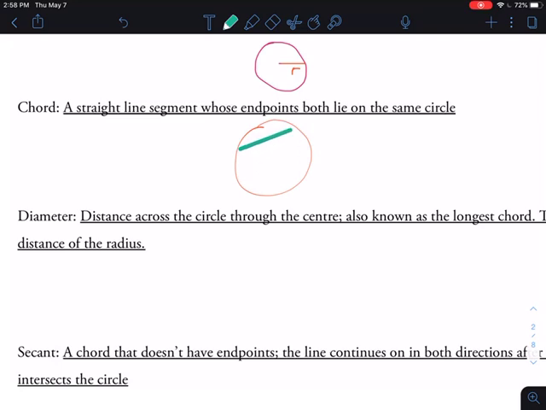Okay, so there we go, that's a better straight line. You can see how that little line that I just drew is hitting both ends of the circle. I know it's not exact with this stylus, but you get the idea. So that's a chord. The key bit is that the line is straight and both endpoints are on the same circle.